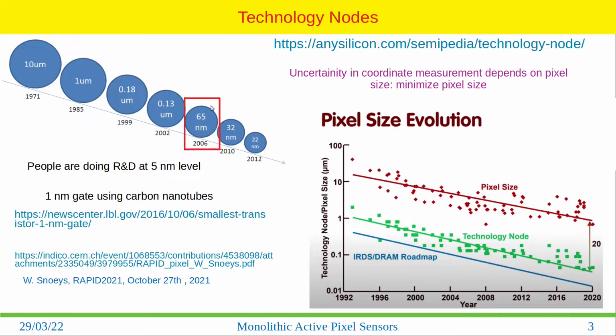So why do we want to go to the lowest technology node? Because if you look at the technology nodes and the pixel size, there is a factor of 20.